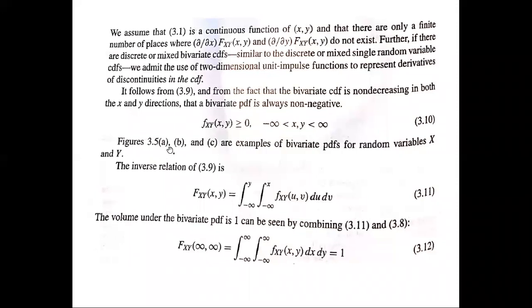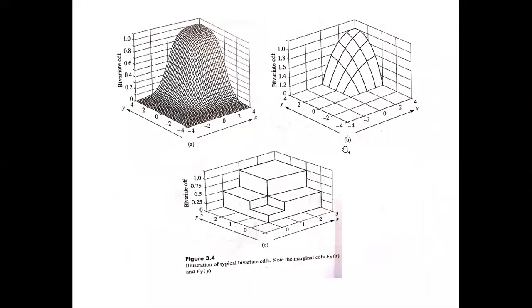So figures 3.5a, b, and c are examples of bivariate PDFs for a random variable x. These are the bivariate CDFs and these are the bivariate PDFs.